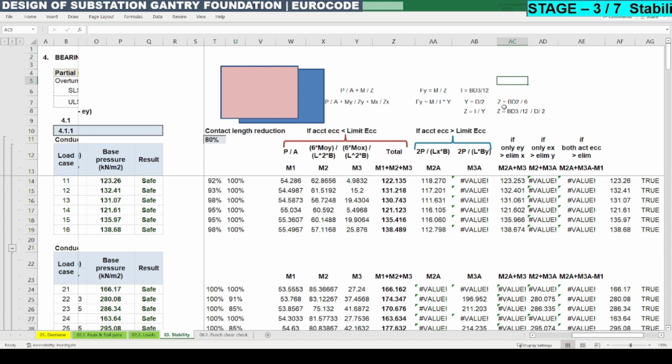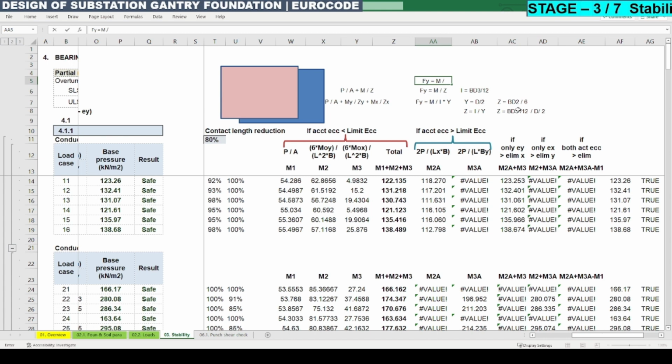So we already know that bending stress or bearing pressure we need to calculate from moment is M divided by Z. So M divided by Z, and we know that Z is bd square by 6. So when we are dividing this, Fy equal to the moment we already have divided by Z, that is bd square by 6.